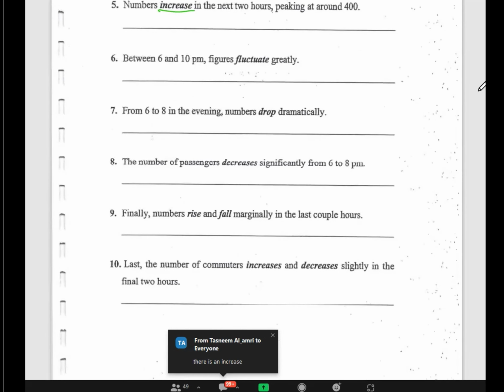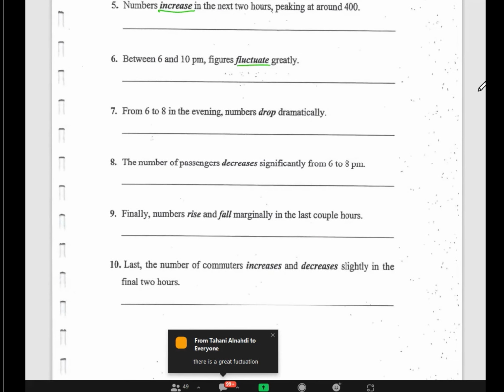Number 6. There is a great, what's the noun of fluctuate? There is a great fluctuation. Very good. There is a great fluctuation. Great fluctuation, because here you have fluctuate greatly, so it should be adjective and noun.